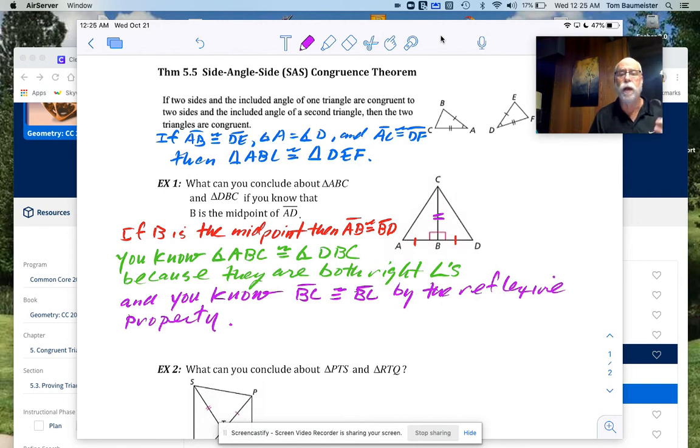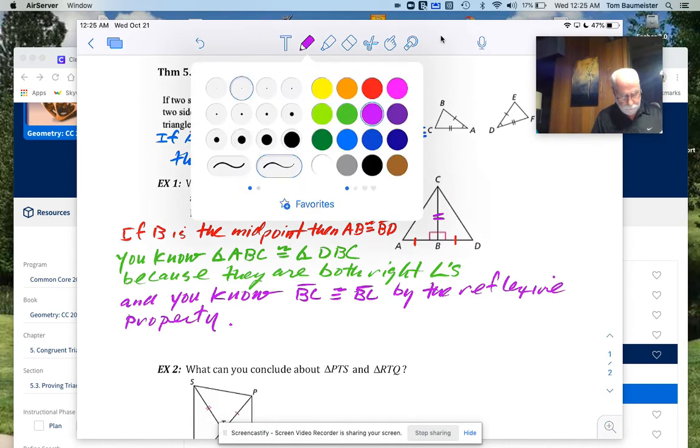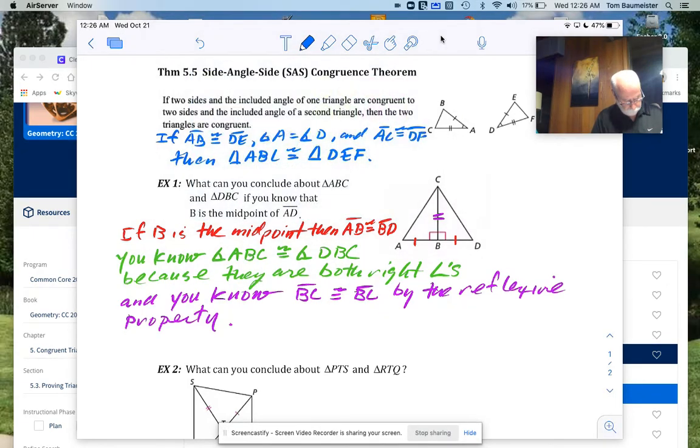Now I just showed you that three things happen, so now we can state that triangle ABC, and look at how I went. I went through the side marked once, then the right angle, and then the side marked with two tick marks.